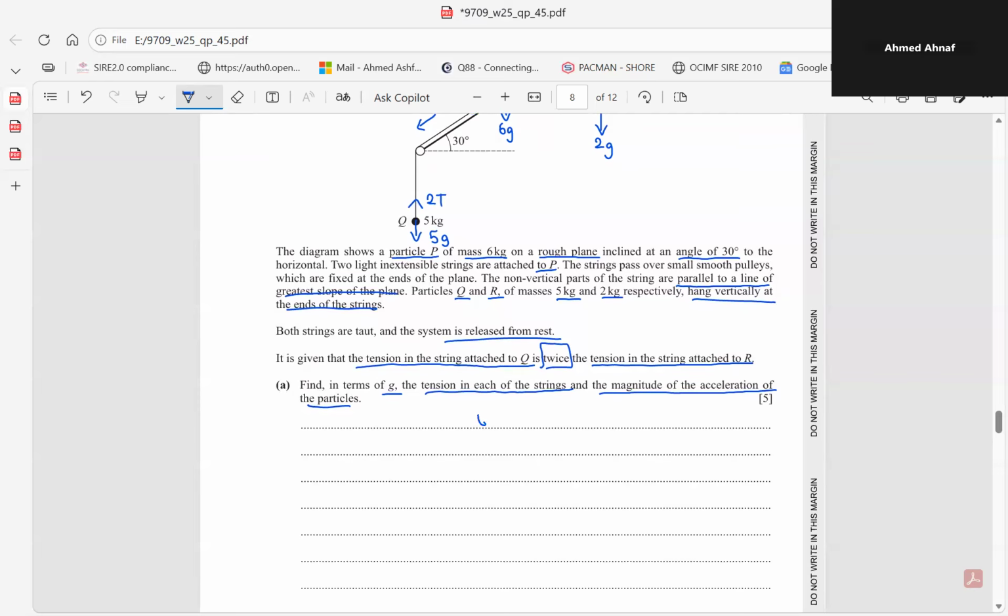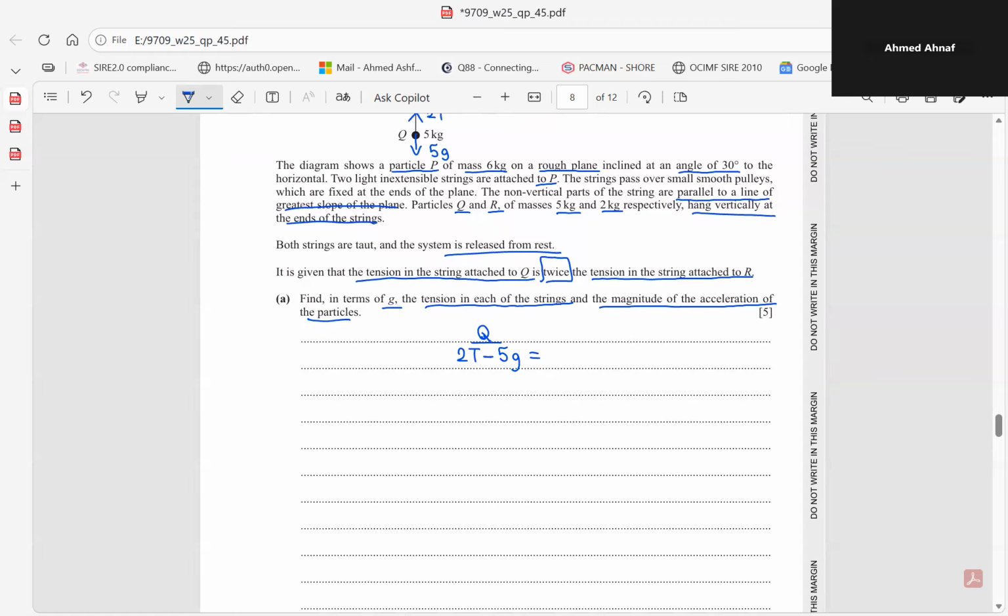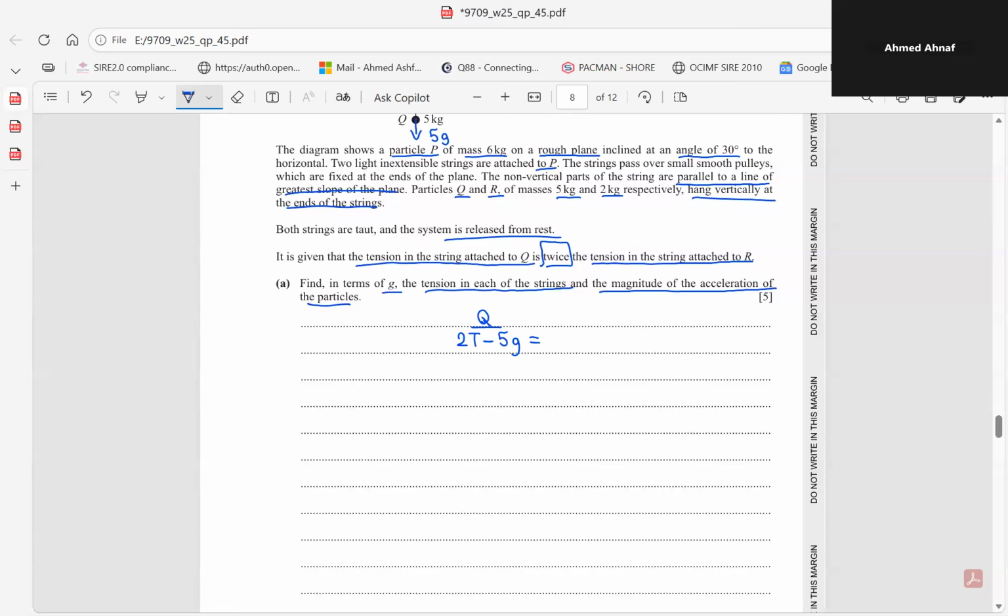So let's just do for Q. So Q is going to be 2T minus 5G. That's going to be 5A.